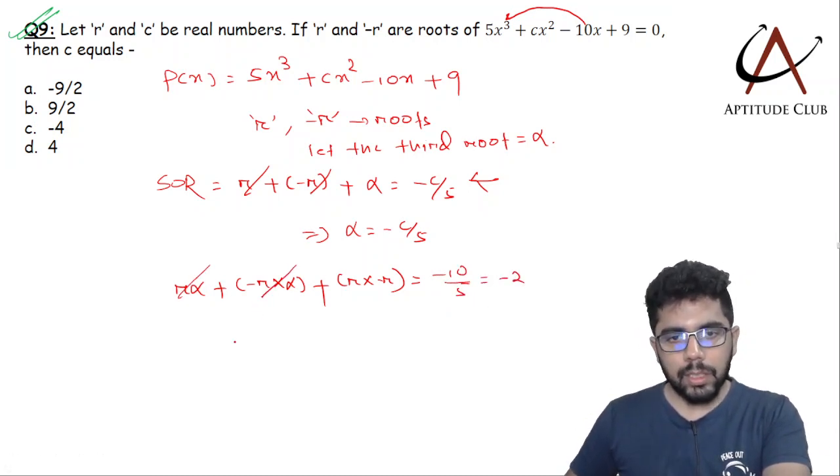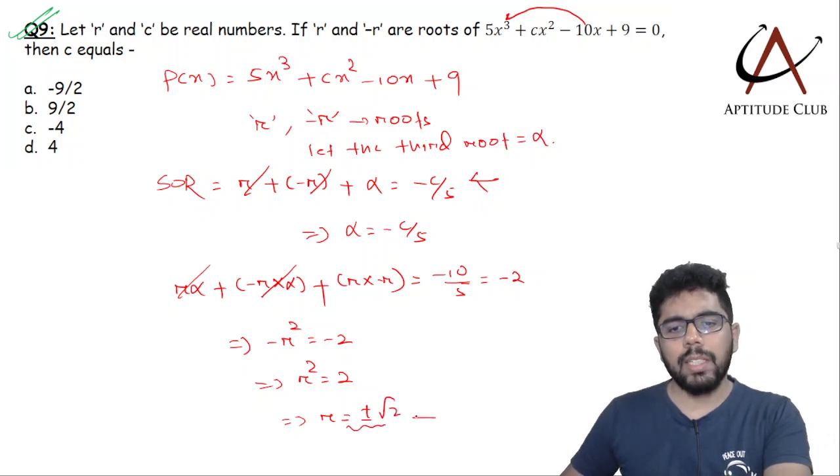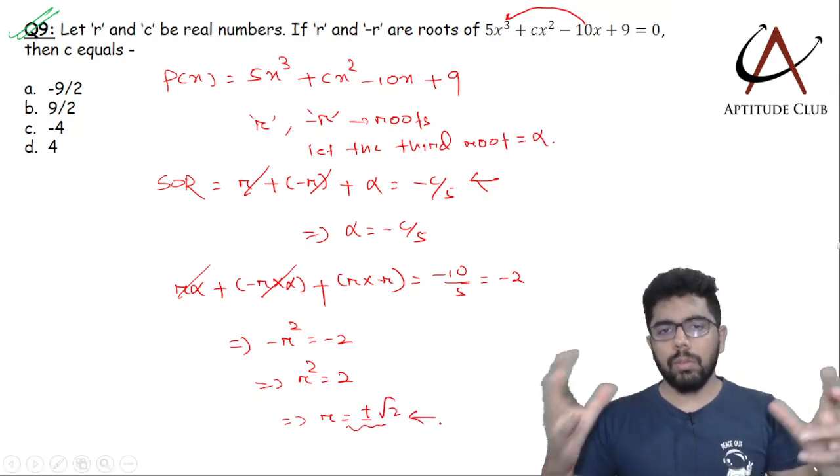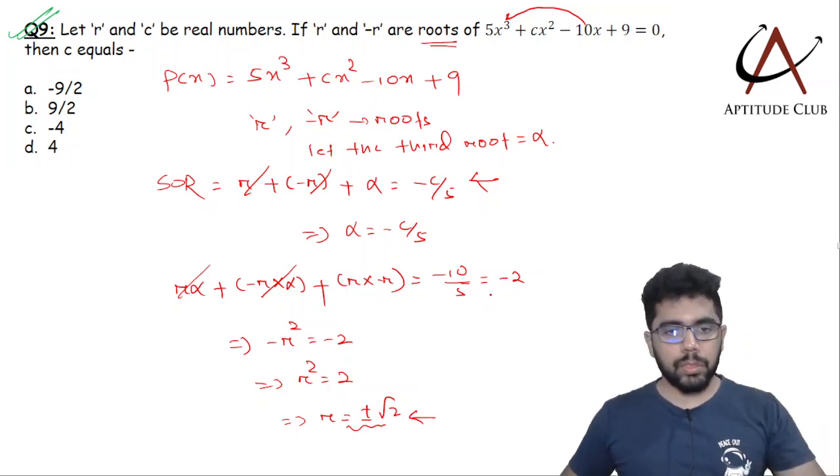So again this gets cancelled out. So I get minus r square is equal to minus 2, or r square is equal to 2, or r is equal to plus minus root 2. So I'll take one value as root 2 and the other value as minus root 2, because r and minus r are the roots. And then we are left with the third equation.